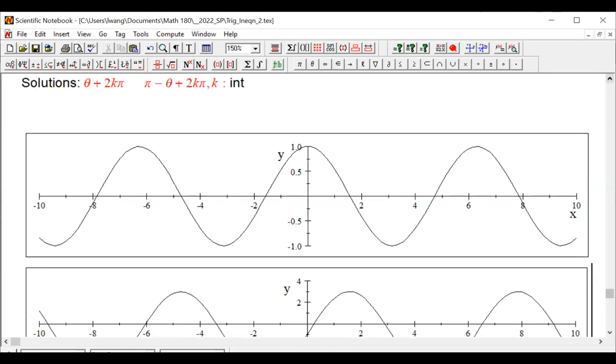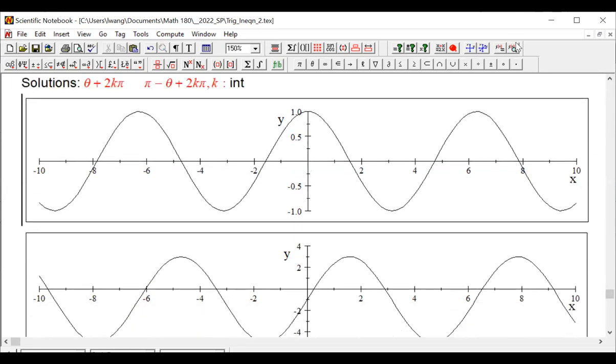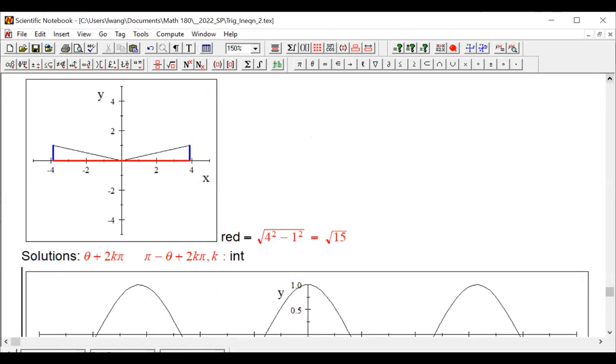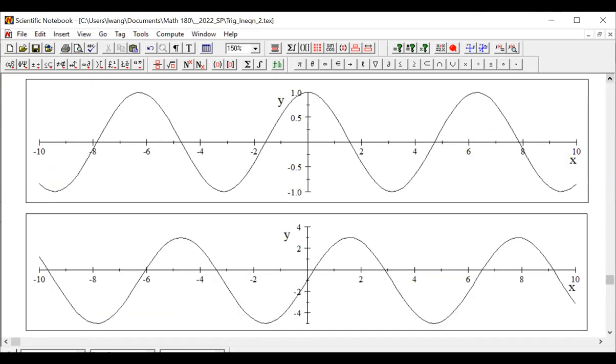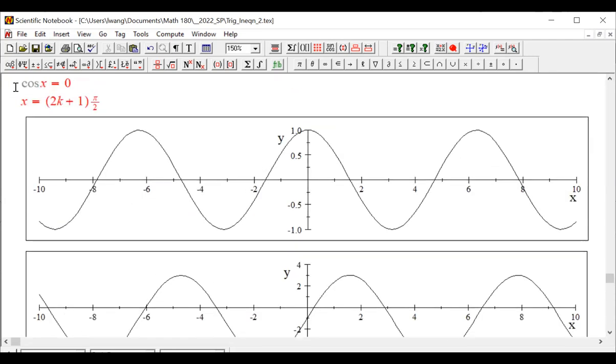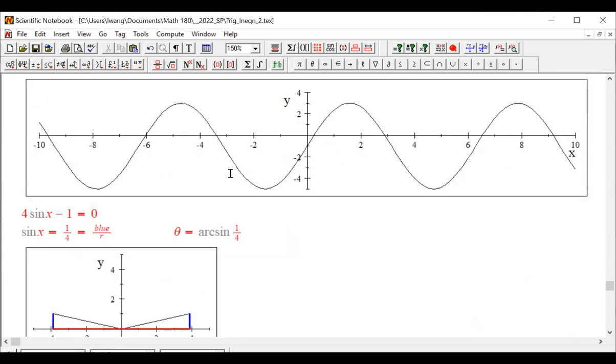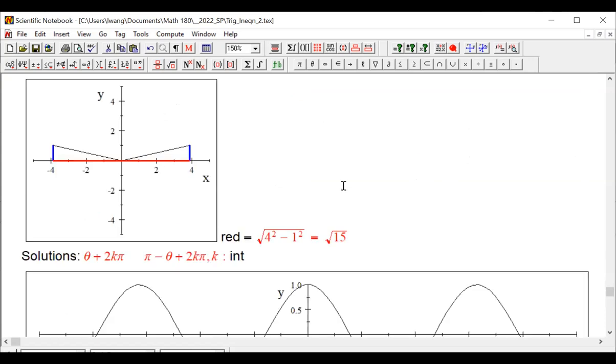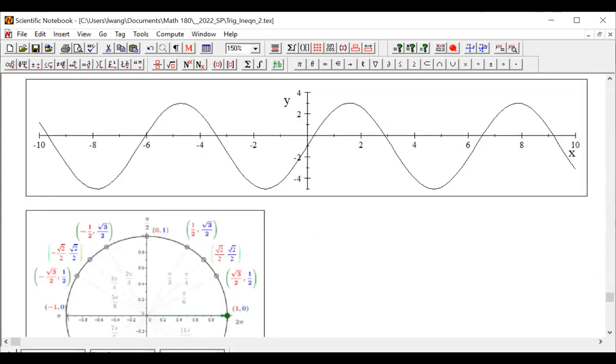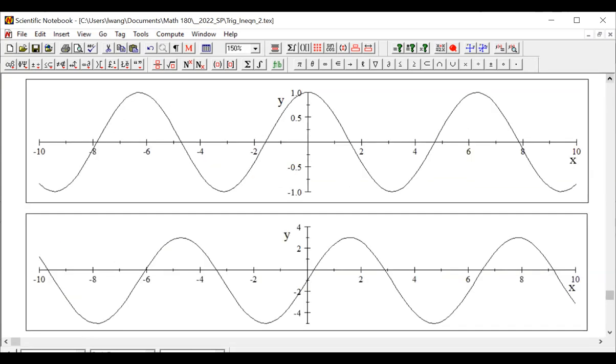So it becomes very important that we actually know the meaning, right? This is a cosine, and this is 4 times sine minus 1. We have a cosine for this piece, and this piece is 4 times sine minus 1. Okay, so the second piece.